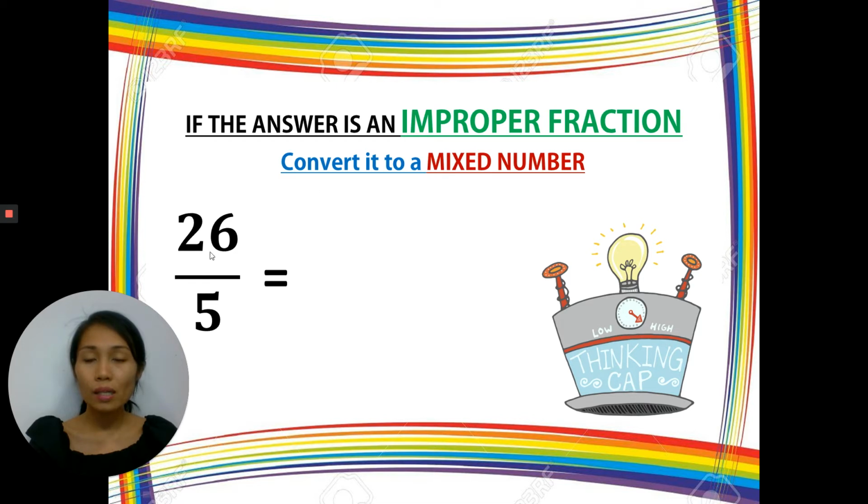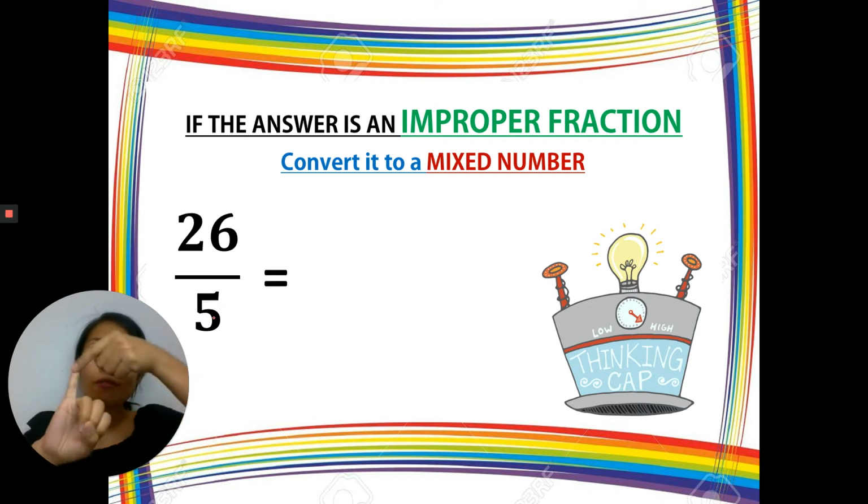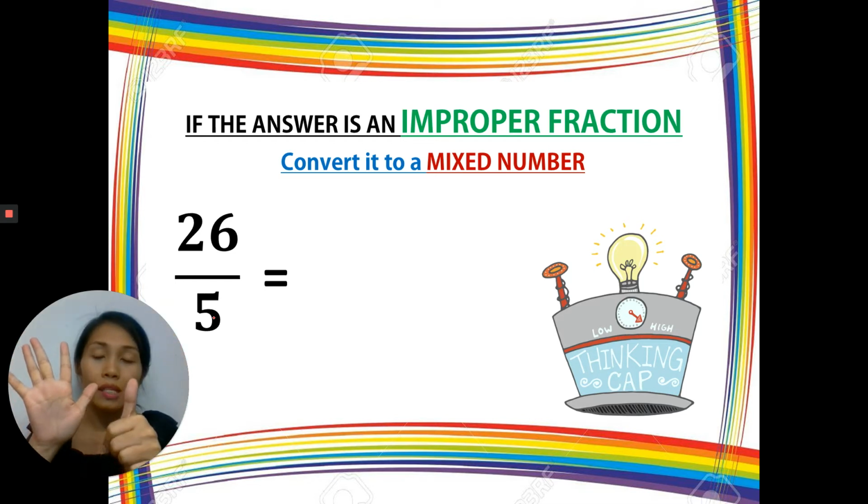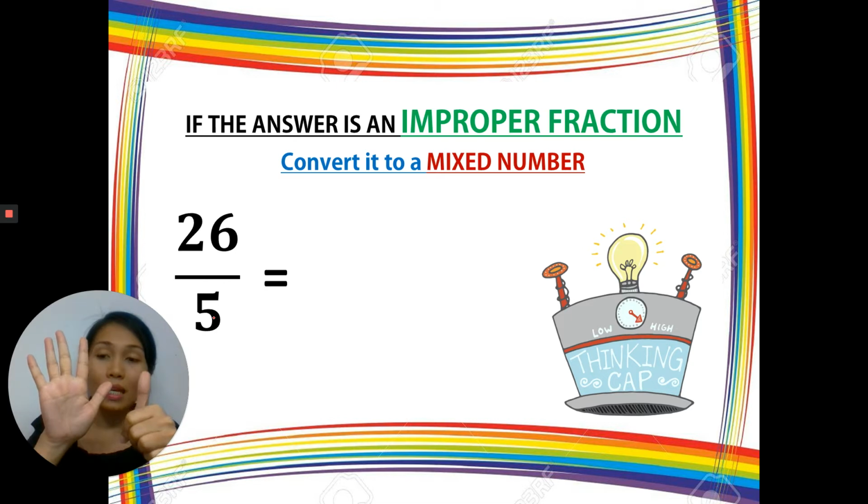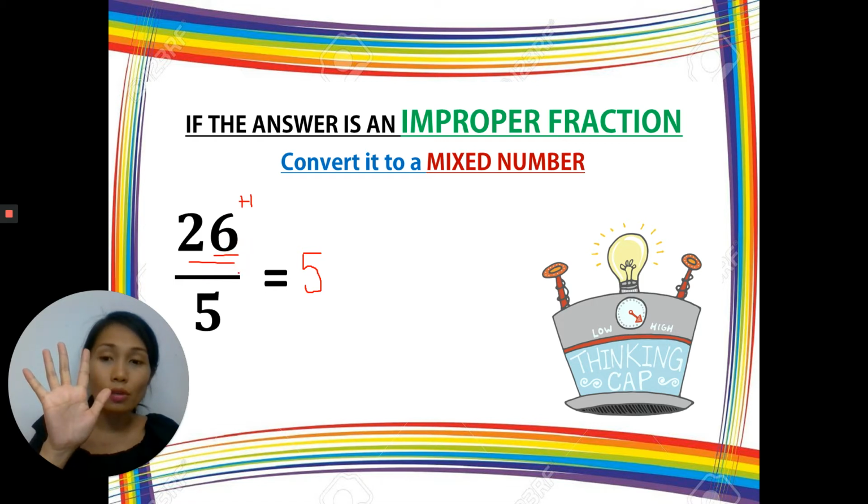So in this case, 26 over 5, how are you going to convert that? Okay, let's find how many 5s there are in 26. 5, 10, 15, 20, 25, 30. So 6 5s is already 30, so 6 cannot be. So it's just 5 5s. Okay, 5 5s is 25, right? Now we have here 26, so we need one more to get the numerator 26 because 5 5s is only 25.